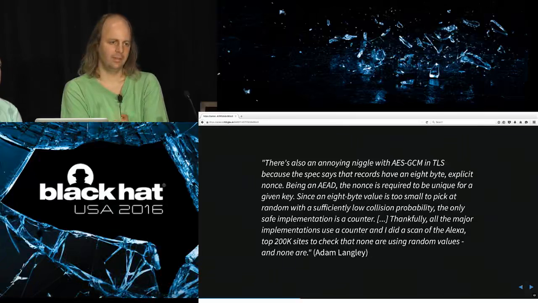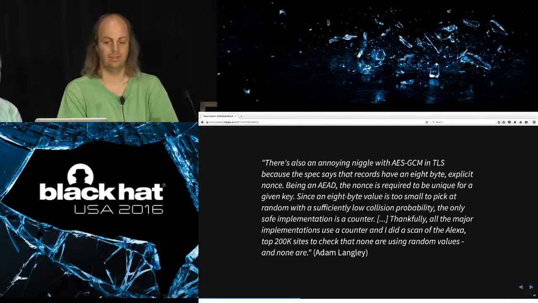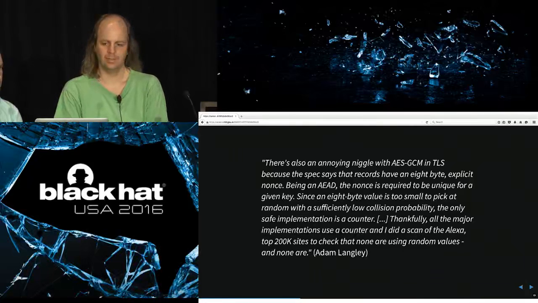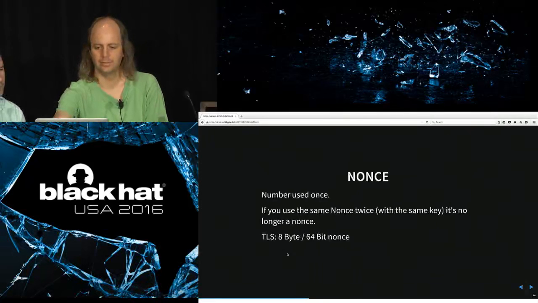There may be implementations that choose it at random or do something else that may not be secure. Adam Langley scanned the Alexa top 200,000 and didn't find any implementations doing that. So what we did then is we scanned the whole internet for this.